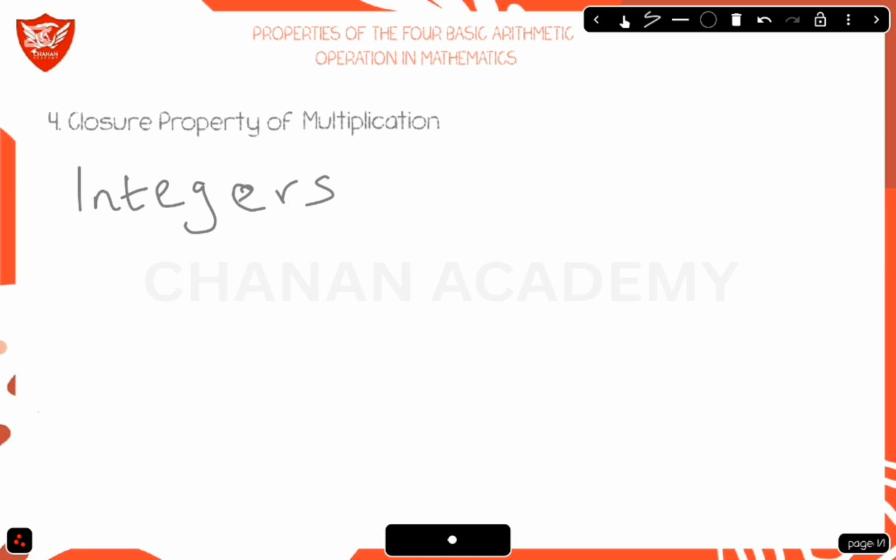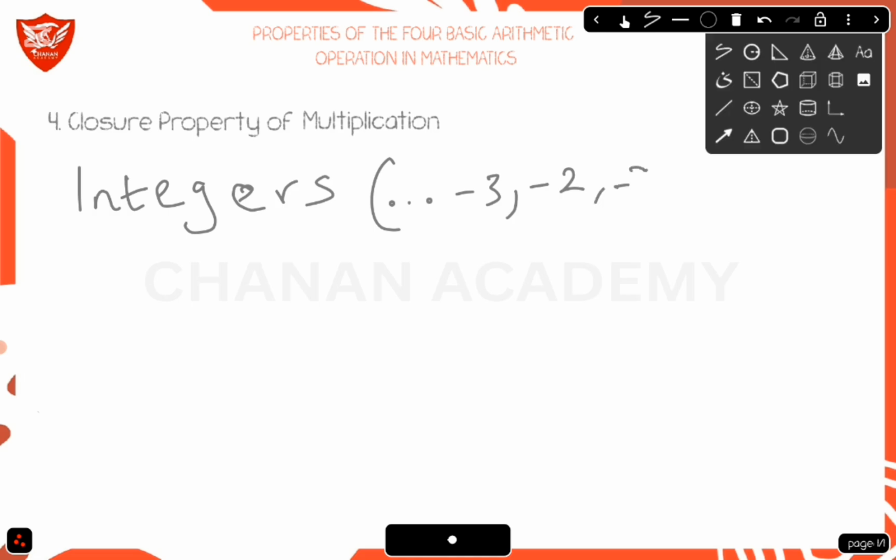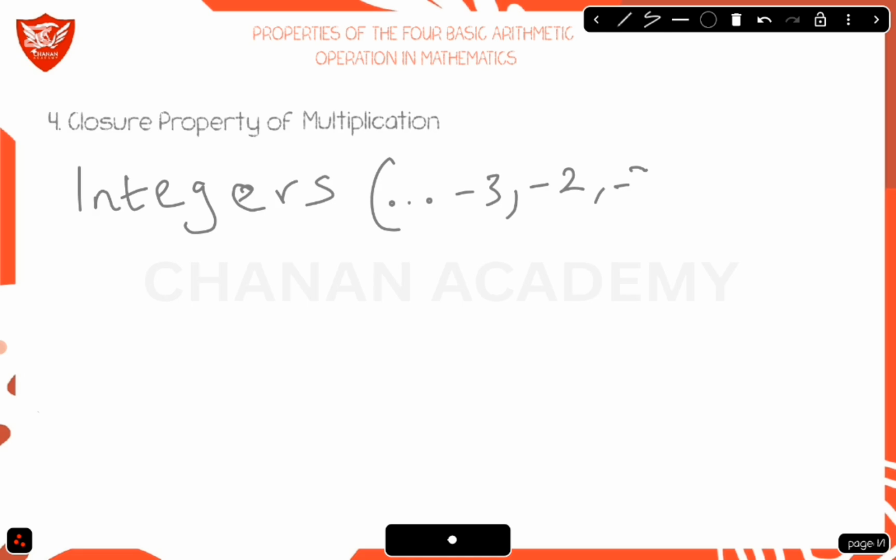Now, integers are values like minus 3, minus 2, minus 1, 0, 1, 2, 3, and so on.